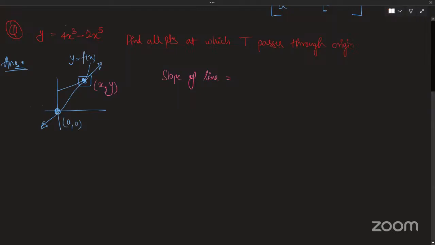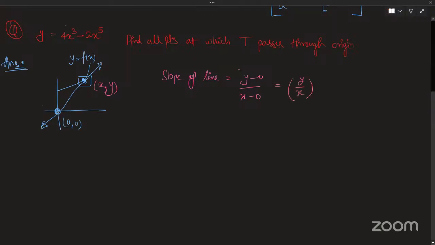What is the slope of the line that joins x1 comma y1, x2 comma y2? Anyone can tell me? Y by x. Yes, great. It is y2 minus y1 divided by x2 minus x1, right? So it is y minus 0 divided by x minus 0. That is correct, as he said, y by x.